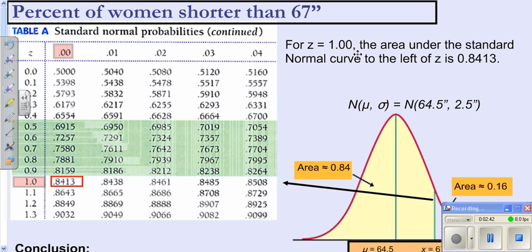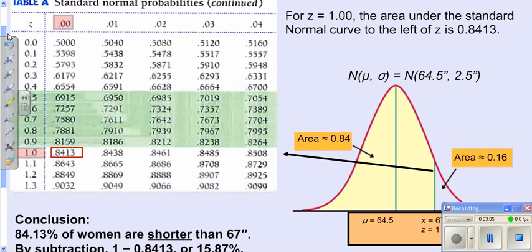We knew our z-score was 1. So on your standard normal table, you'd have to find a 1.00. So you go to a 1.0 here, which you know is this row right here. You have to have your hundredths digit being a 0. So you come down that one, and it's 0.8413.